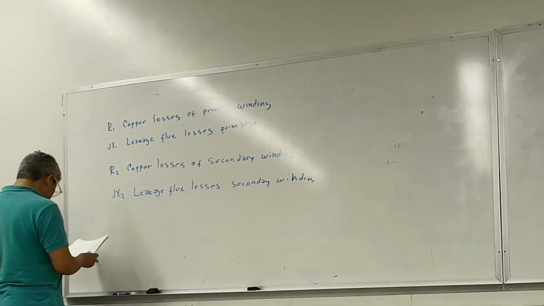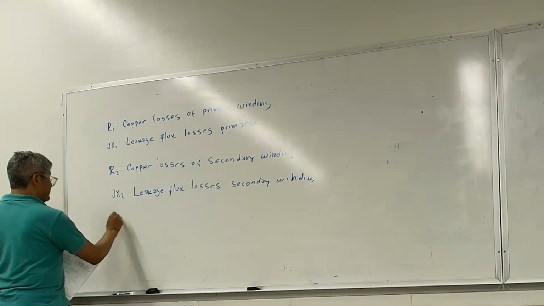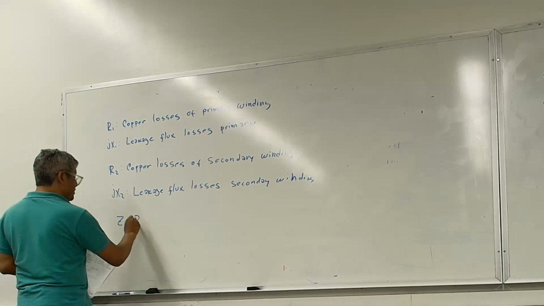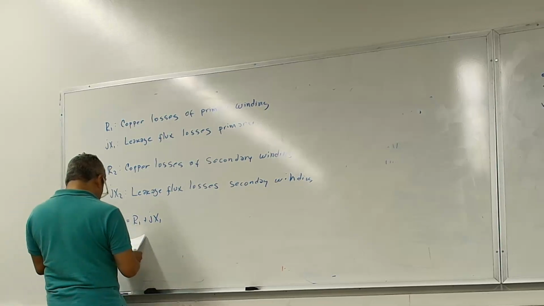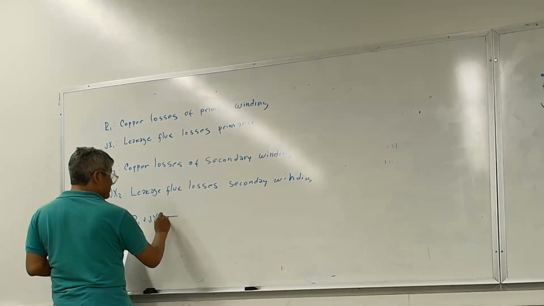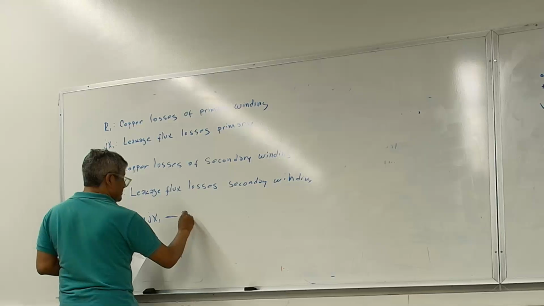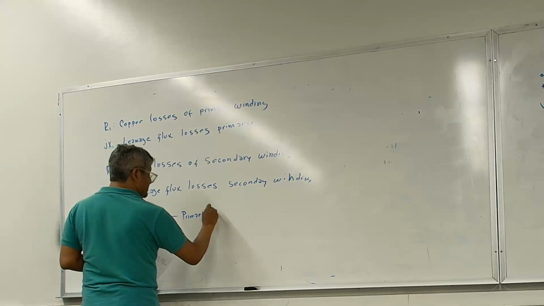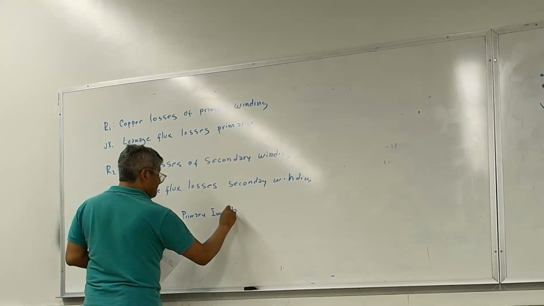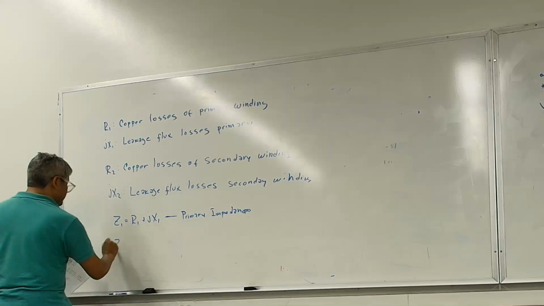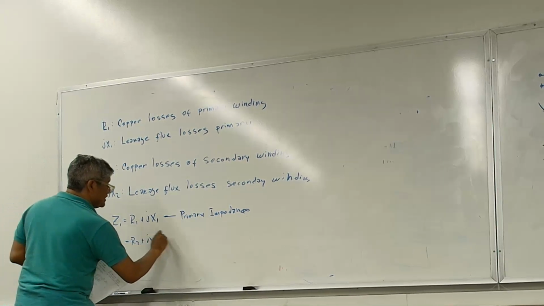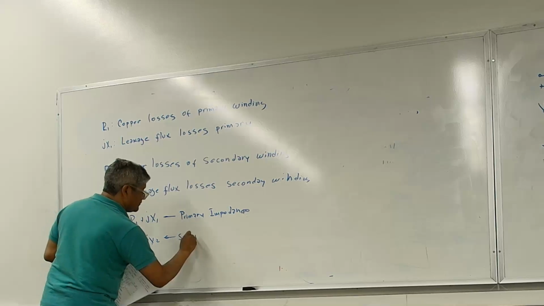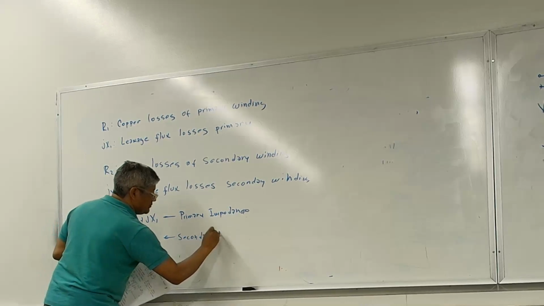And we'll call Z1, which is equal to R1 plus JX1, the primary impedance of the transformer. Z2, which is equal to R2 plus JX2, is the secondary impedance.